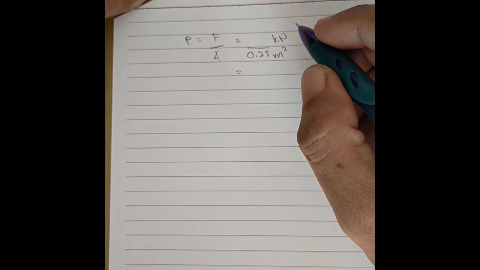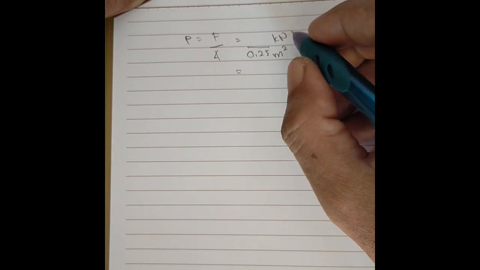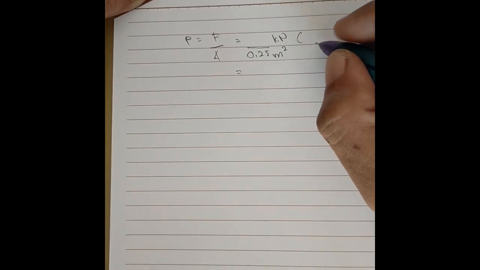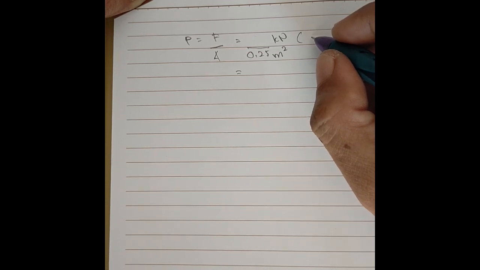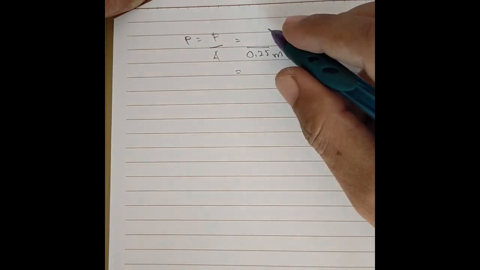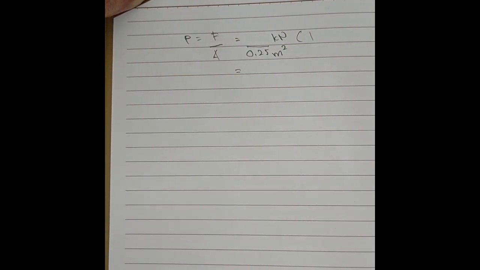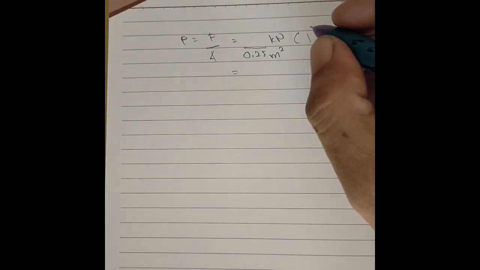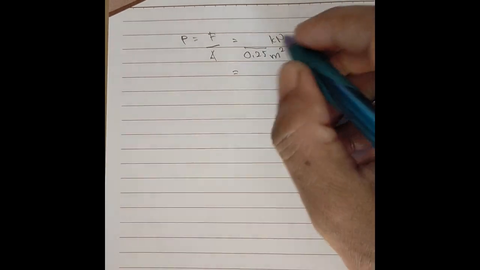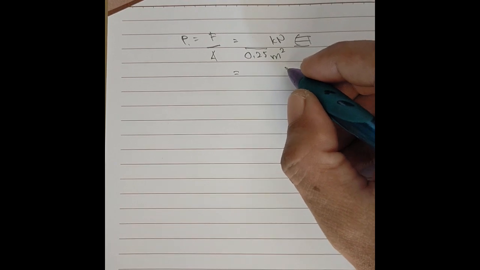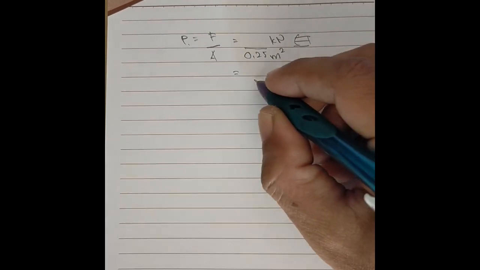So we got kilonewton. Newton is force. Sorry, Newton per meter square is a pressure. So you got kPa.